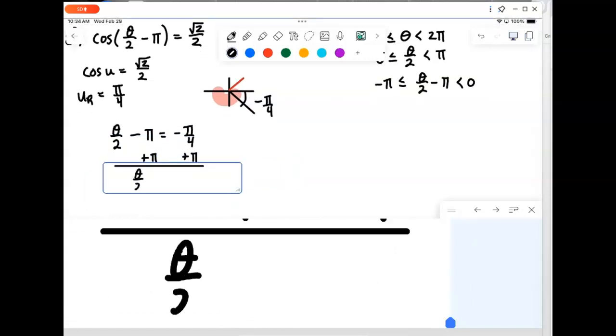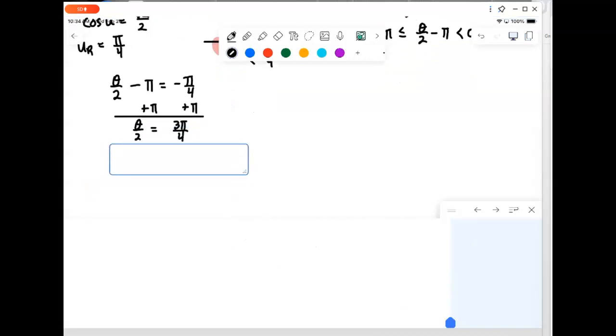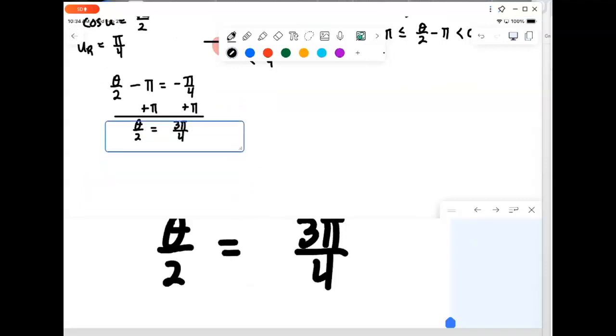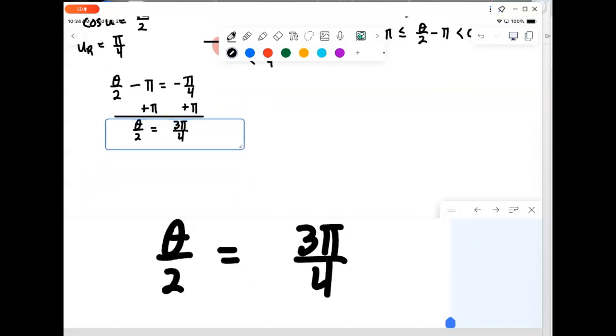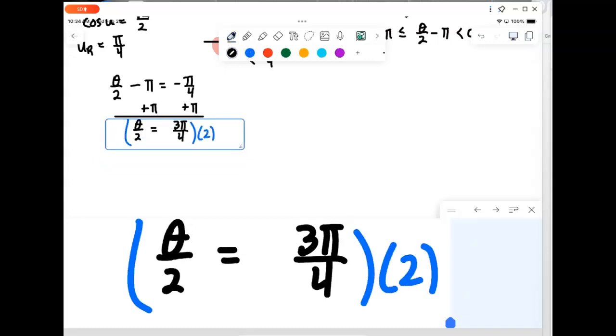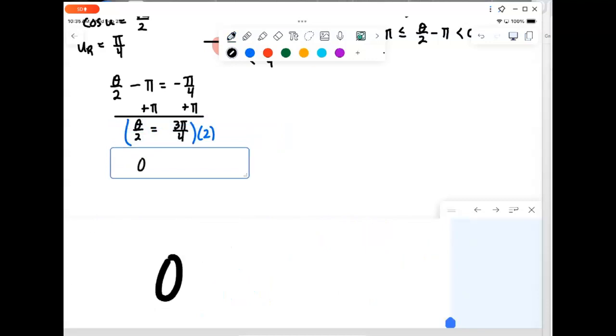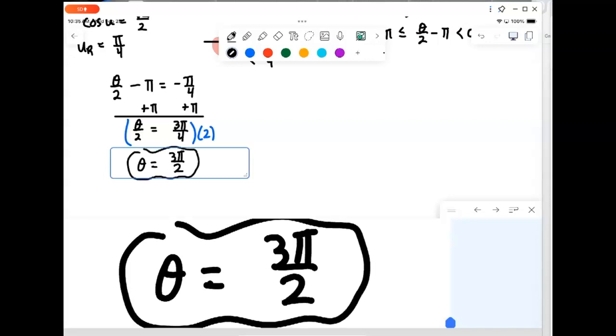So we're going to have theta over 2 equal to 3 pi over 4. And then we need to multiply that equation by 2 to get theta finally by itself. And so it turns out we have just the one answer to this equation, and that turns out to be 3 pi over 2.